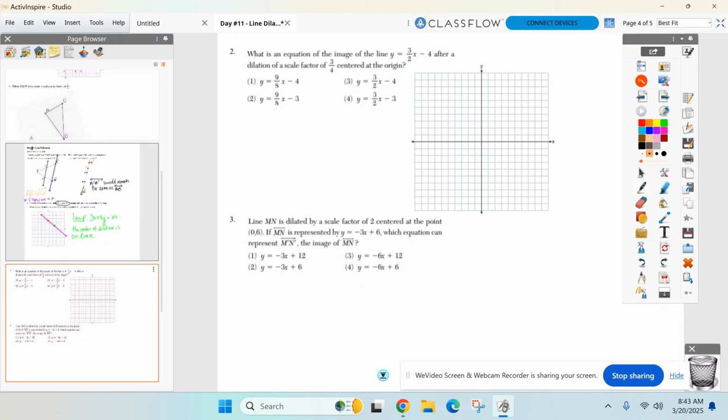Some of you Algebra 1 studs, I don't think you need to use the table. You can use the y-intercept and the slope if you want. Or you can use your table again. It's up to you. Just get this thing graphed.